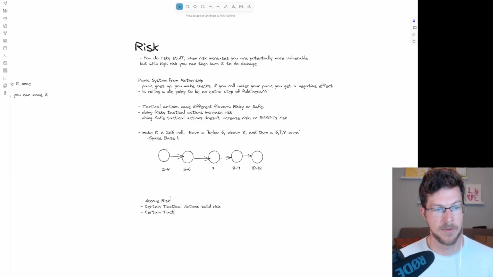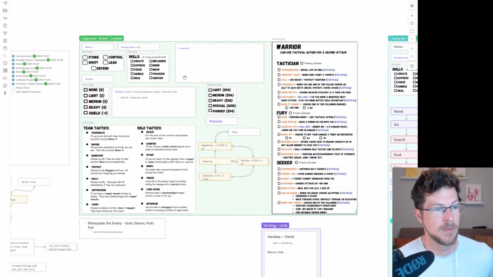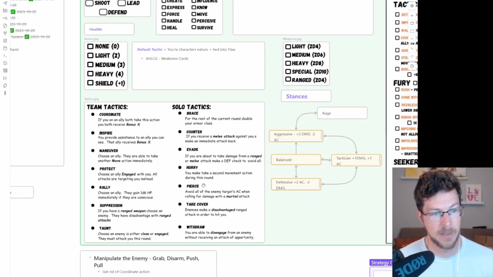Certain tactical actions trigger risk checks, right? So what tactical action would this potentially be? I'm going to try to evade, right? I'm trying to evade something, or I'm trying to withdraw, right? So maybe evade, withdraw, maneuver, I don't know.